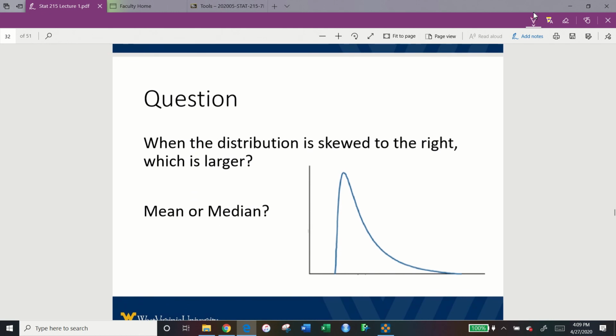Question to you: when the distribution is skewed to the right, which is going to be larger, mean or median? Got an answer? Well, the answer is going to be mean. Mean is more sensitive to outliers, or those unusual values. The median is going to go where the most values are located.